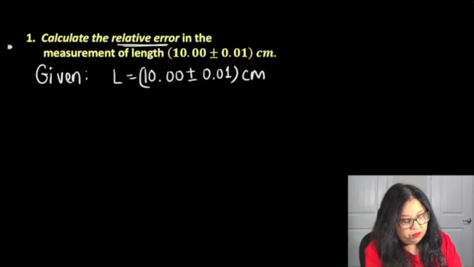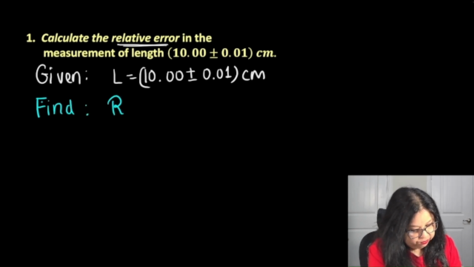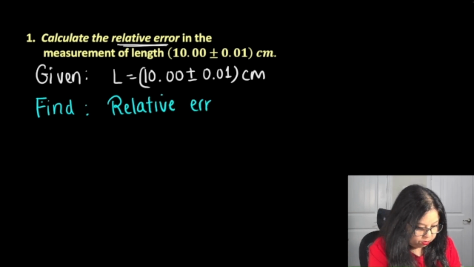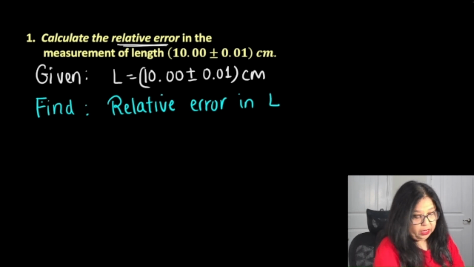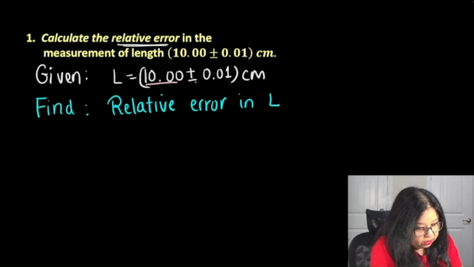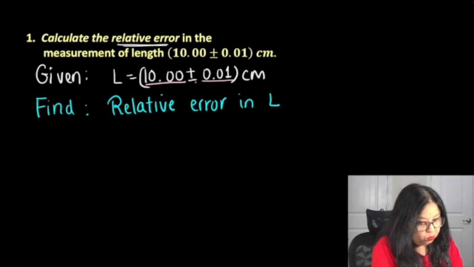So what is the formula for relative error? Find the relative error in L. Okay, let's come back to this L that is given to us. L is 10.00 plus minus 0.01. This number 0.01, what do we call it?